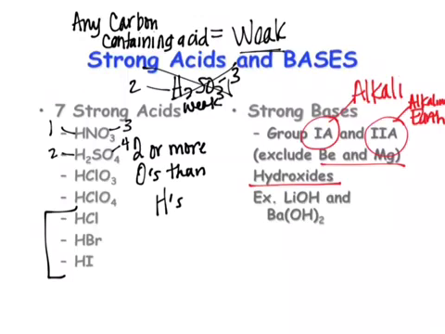The beryllium and magnesium would be weak. So how I think of this is if I have my periodic table, and here is hydrogen, and then we have beryllium and magnesium. So those are my weak.